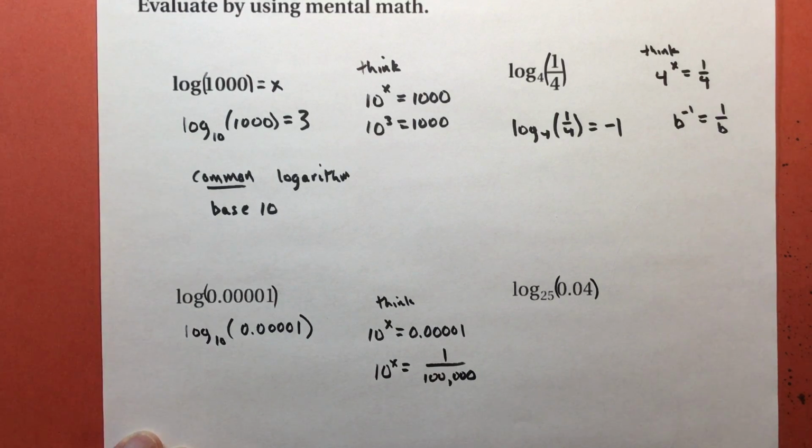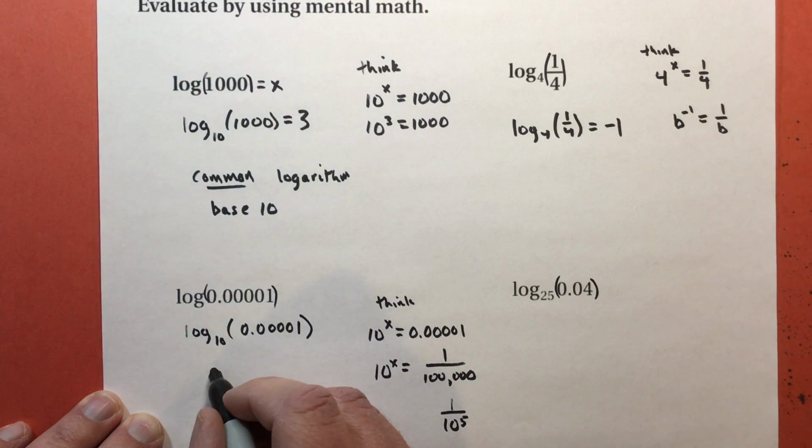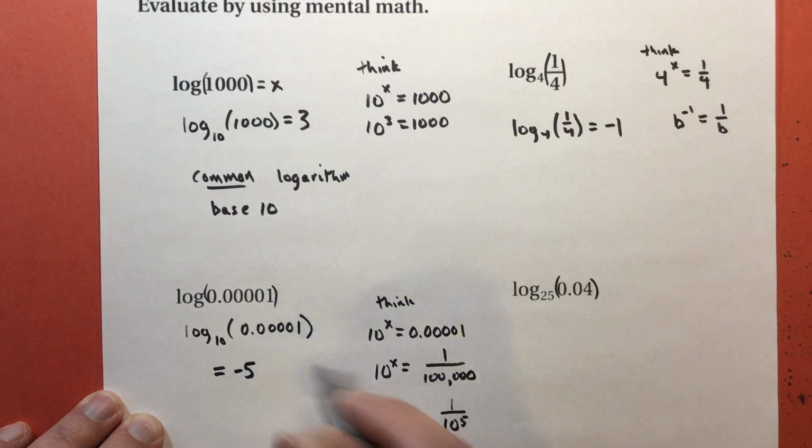Now, why is that easier? Because this tells me that I have the reciprocal of 100,000. Reciprocals show up when I get a negative exponent, reciprocals of the numbers where I have a positive exponent. All right? This is 1 over 10 to the 5th power. So my exponent is going to be -5.